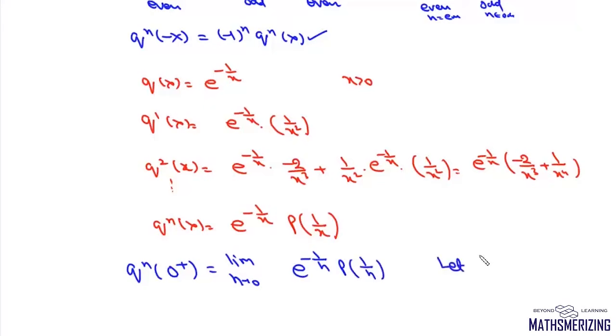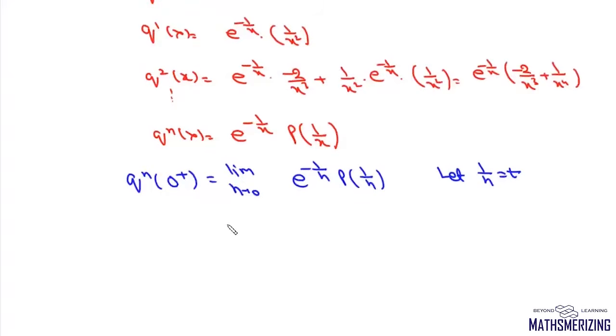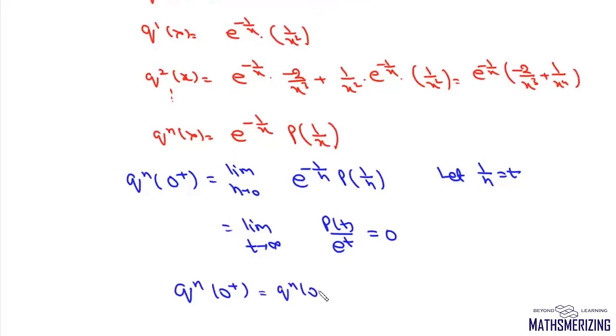If we let 1 upon h as t, we can write this as limit t tends to infinite p of t upon e to the power t, and this we have already established in part A, that this is equal to 0. So from here we can say this q^(n)(0) positive will be equal to q^(n)(0) negative and will be equal to 0. That is, this q^(n)(0) will exist and it is equal to 0.